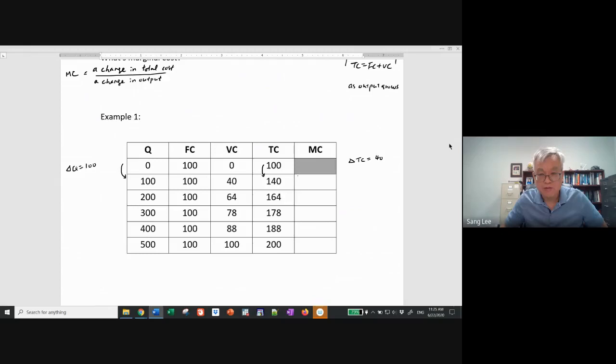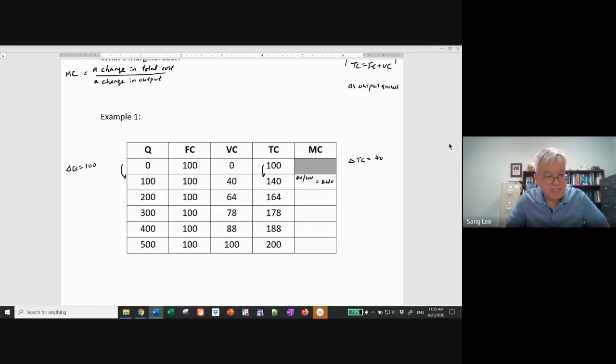So 40 divided by 100. So that means when you produce 100 more units, total cost increased by 40. So that is 40 cents.